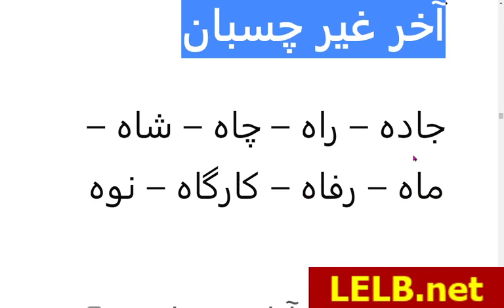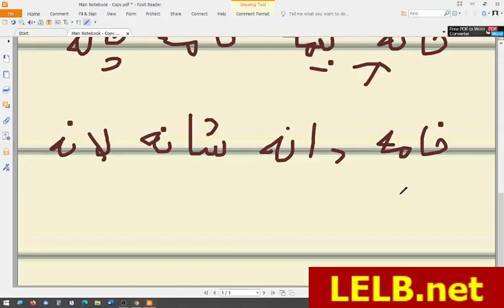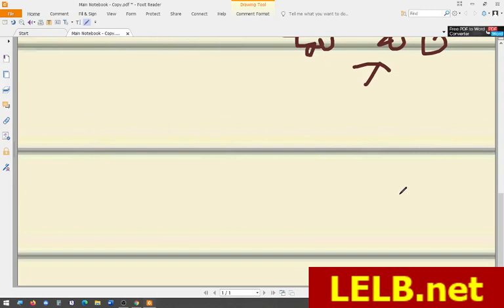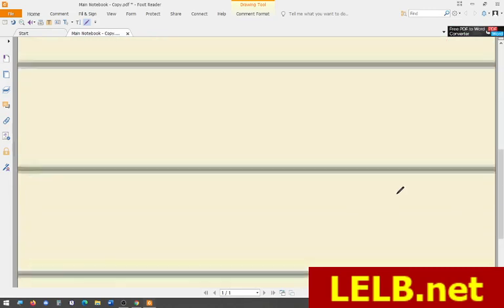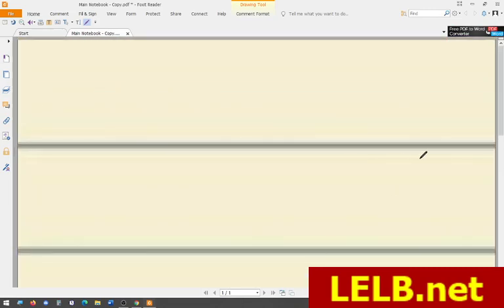Like jadeh. Let me just erase that. Okay, jadeh means road. You know, in order to write the final detached hey do cheshm, you simply need to draw a very tiny circle.